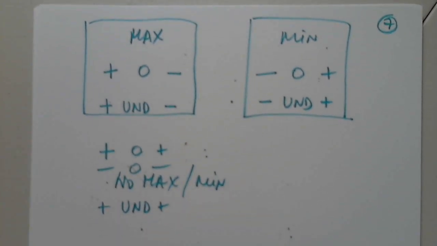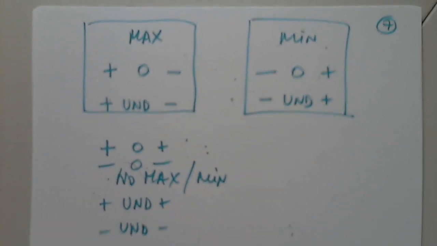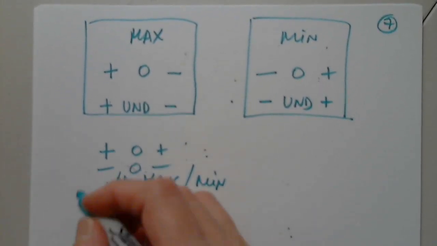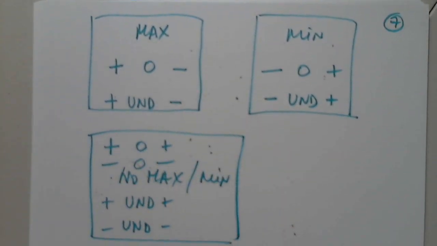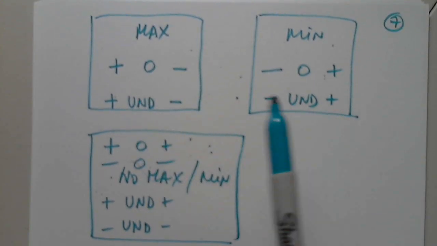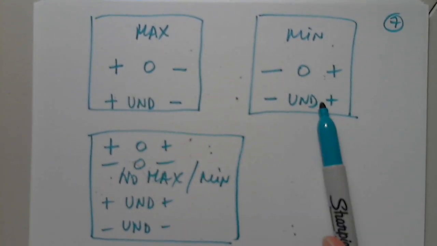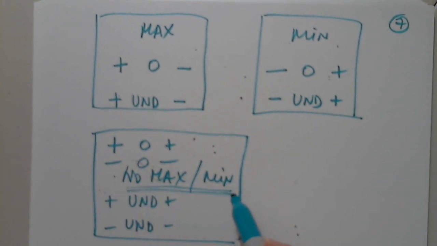Is there a max or a min? Or negative, undefined, negative? So we say here, if there is no sign change this way or this way, there is no max or min. None of these have a sign change. If there is no sign change, there is never a max or min.